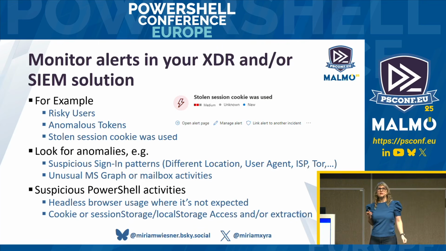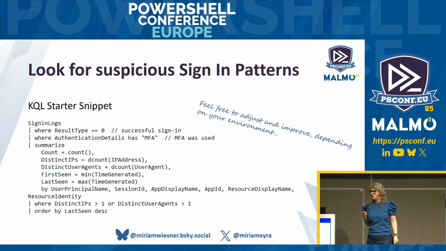And of course, you have to start somewhere, and there might be work coming your way. But to make it easier, at least with location or user agents, I wrote this quick starter snippet, so you can also just take this snippet and adjust it to your environment.